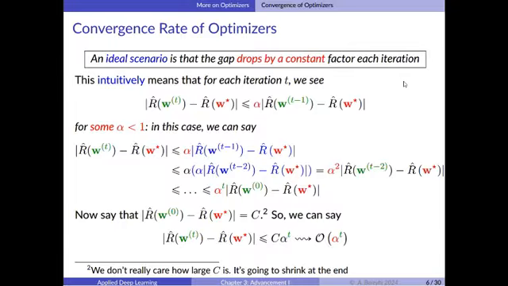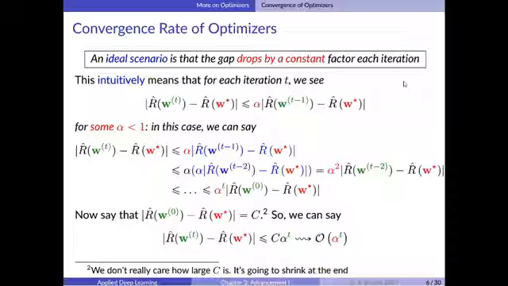Okay, the most ideal scenario, as I understand it, is that this gap that we called the optimality gap drops by a constant in each iteration. For example, we call it alpha, and we want the gap to drop by the factor alpha in each iteration.